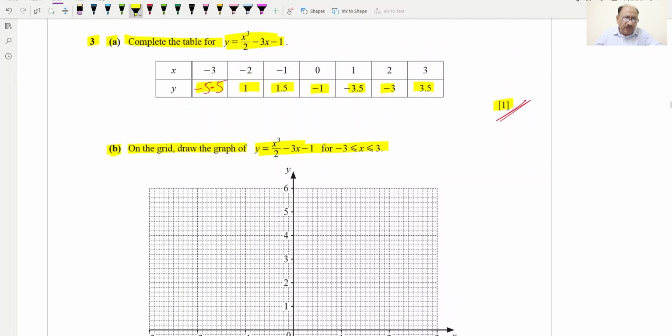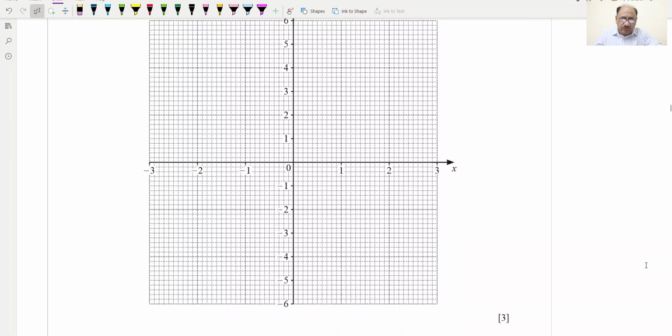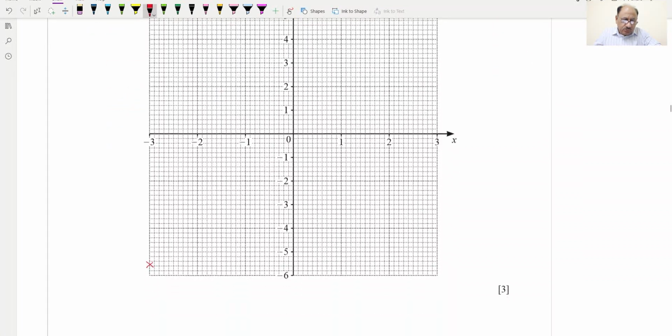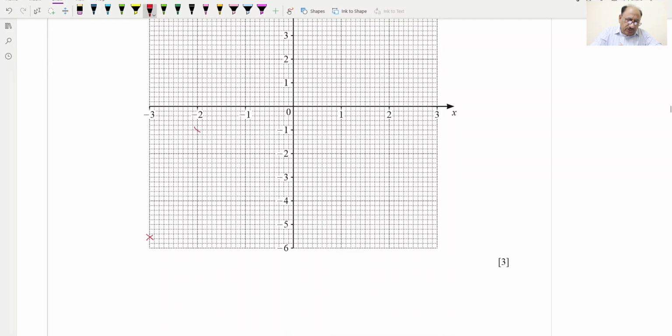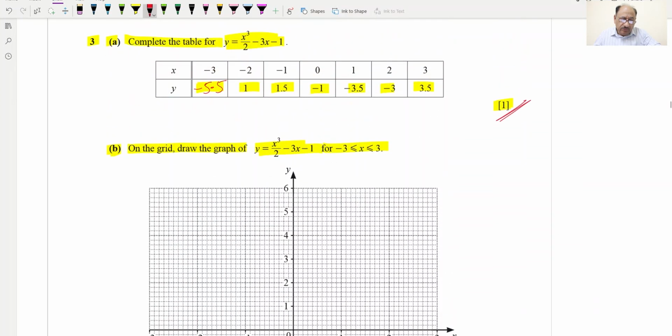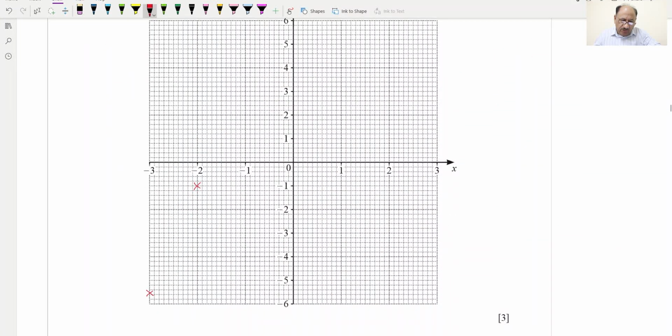Now part B: on the grid, draw the graph of the same equation from minus 3 to 3. These values we have to plot, and the first value is minus 3 and minus 5.5. Minus 3 and minus 5.5 will be this middle point, and then the second value is minus 2 and 1. So minus 2 and 1 is on the dot. Then next is minus 1 and 1.5.